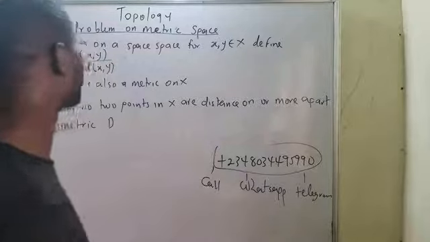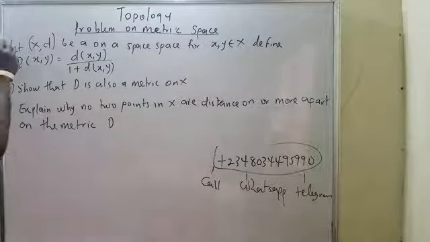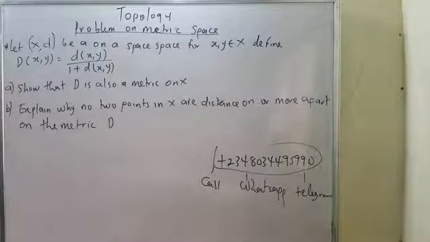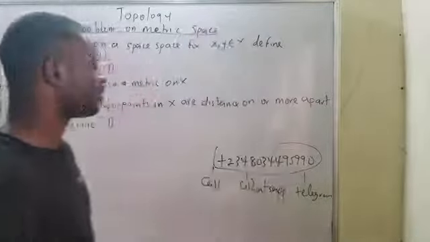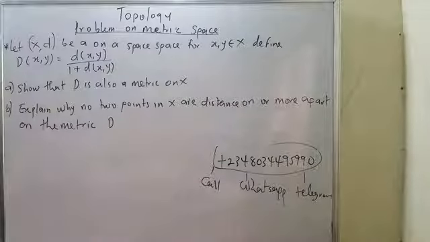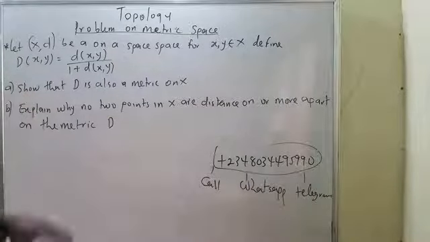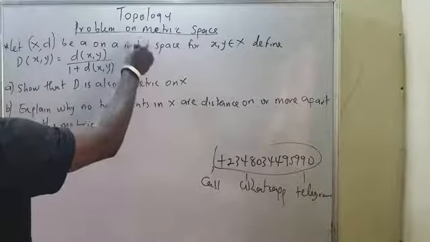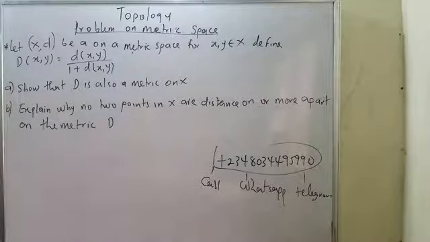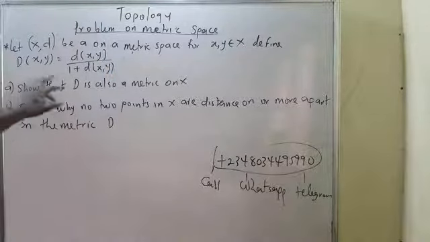On this video, I'll be working on problems on metric space. This is the question I want us to solve together. It's a very nice question that I picked somewhere in the textbook, and let's see how it goes. Let d be a metric on a space X, for x and y in X. Define this.